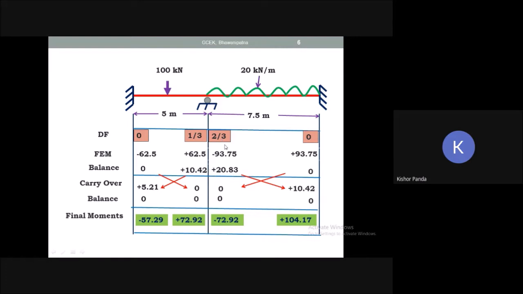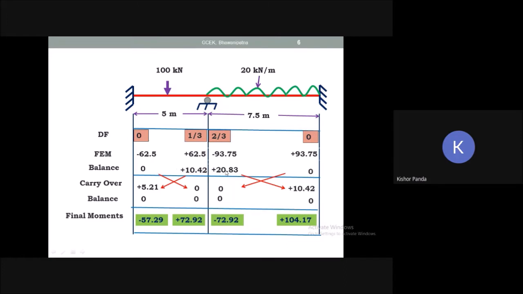So the net or unbalanced moment at the joint, you have to multiply with the distribution factor and put the moment with opposite sign in the corresponding column. And here the moment is 93.75 into 0, which is 0.